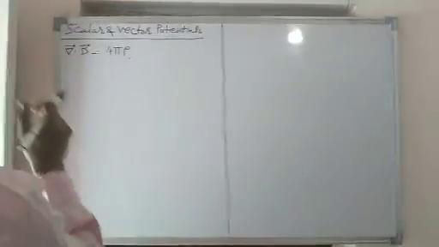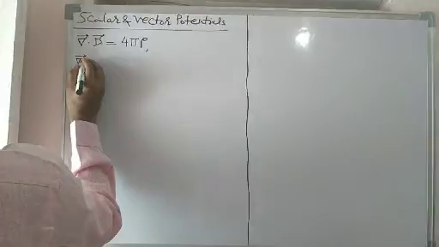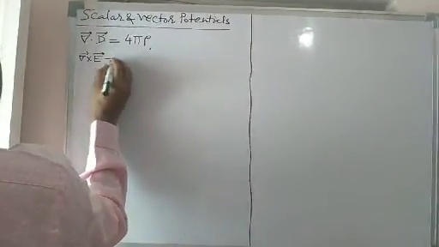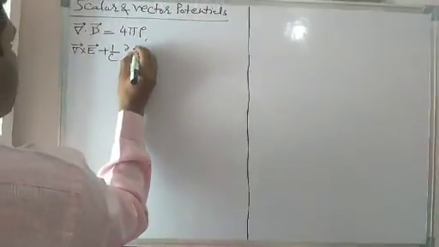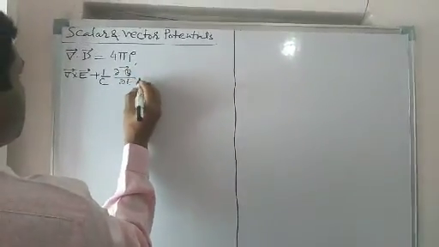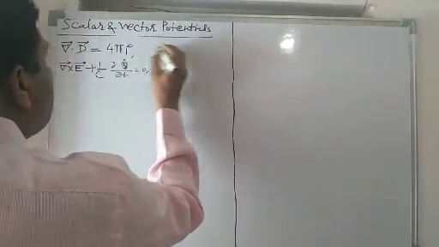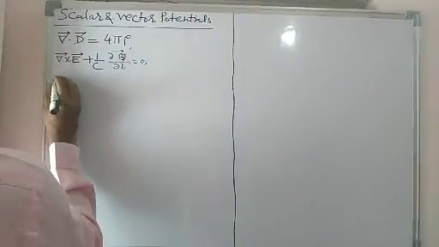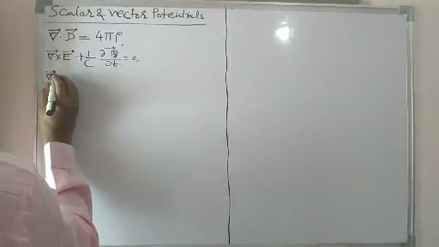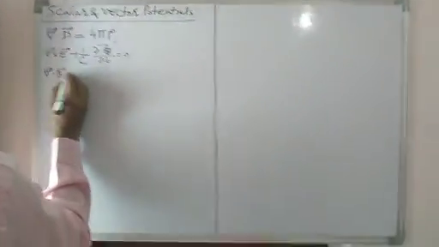So this is the Gauss's law. Then we had del cross E, the curl of E, plus 1 over c, del B by del t, is 0. The analog of the Gauss's law for the magnetic case is del dot B is 0.